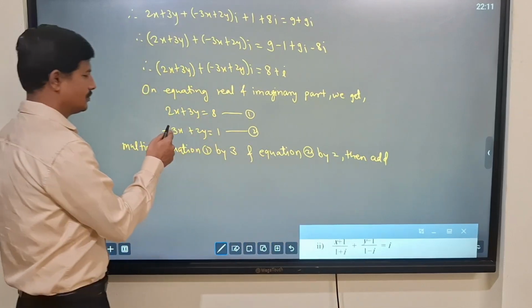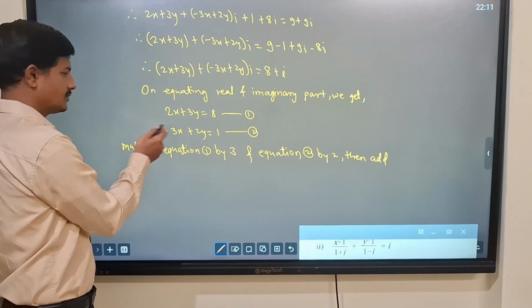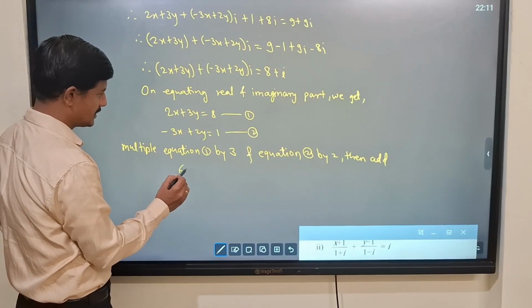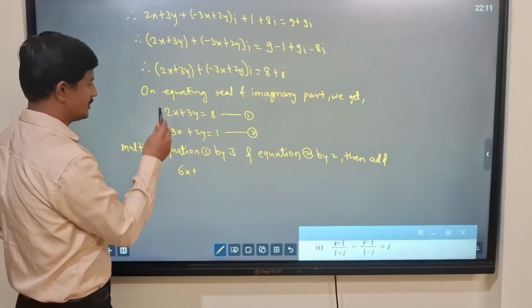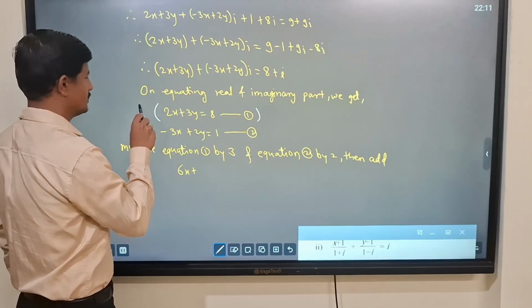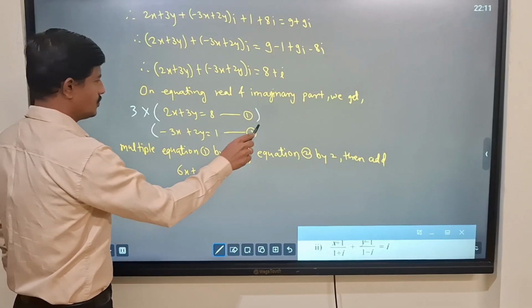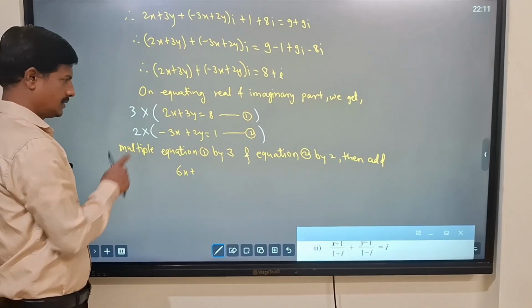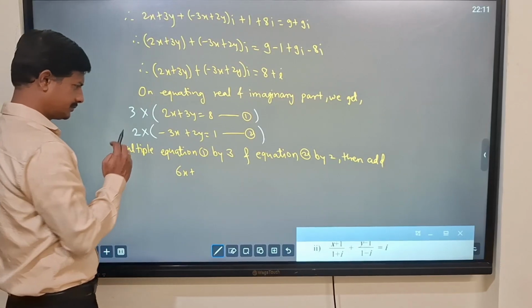Okay, so we are multiplying this equation by 3, this equation by 2. So what will become 6x after multiplying by 3. Simply I will write down this as a 3. Don't write it in your answer. I am writing it for your understanding purpose.